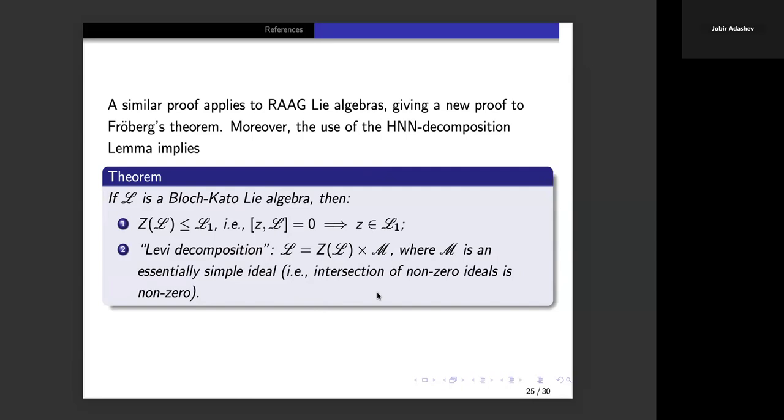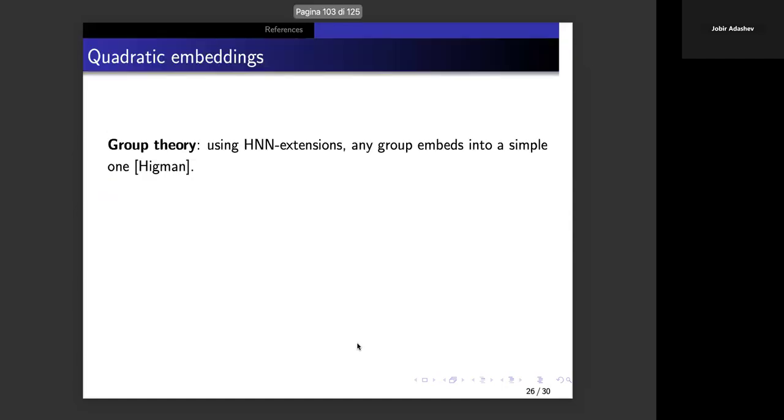By essentially simple, I mean that the intersection of non-zero ideals is a non-zero ideal. So they are not simple as Lie algebras, but they are not so far away from being simple, let's say. Okay, so we have done our part on the HNN decomposition.